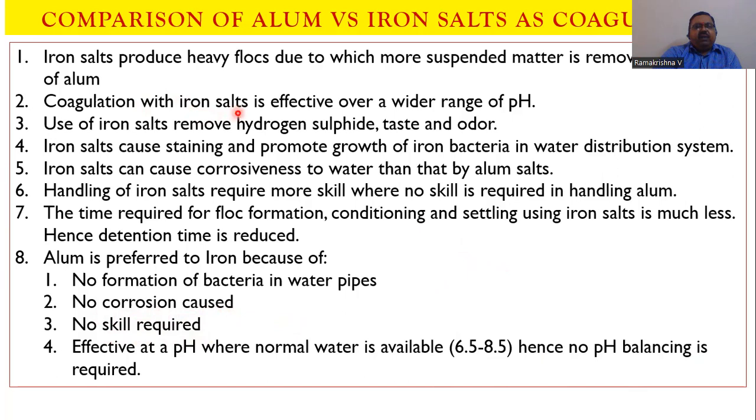The advantage of iron salt is that, if you maintain the pH of the water, it can be used at a wide range of pH. But we have to balance the pH of the water wherever the salts are being used. Iron salts can also remove taste and odor as well as hydrogen sulfide. Iron salts can cause more corrosiveness than alum salts. Handling of iron salts requires more skill, whereas no skill is required in handling alum. The time required for floc formation, conditioning, and settling using iron salts is less.